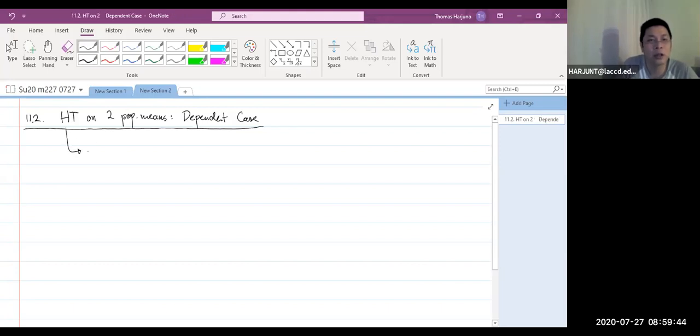It is performed on the same sample before and after some treatment.